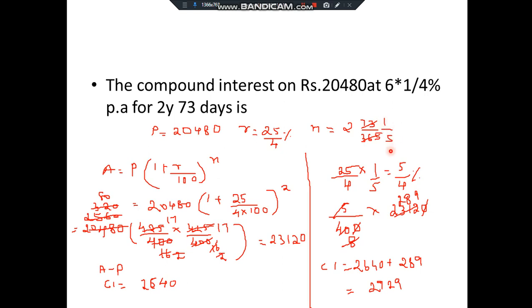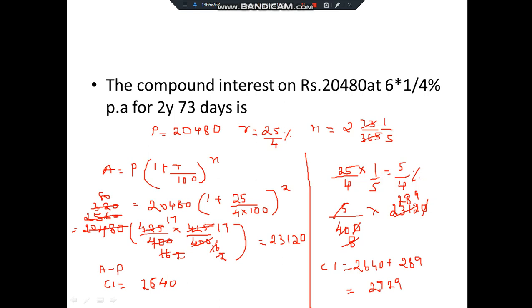So 25 by 4, right? That is your percentage for 2 years and 73 days they have given. So we'll have to find for 73 days how much it is. That is 1 by 5, right? So 25 by 4 into 1 by 5, which is 5 by 4% you will get on cancelling. See, 5 5s are 25.